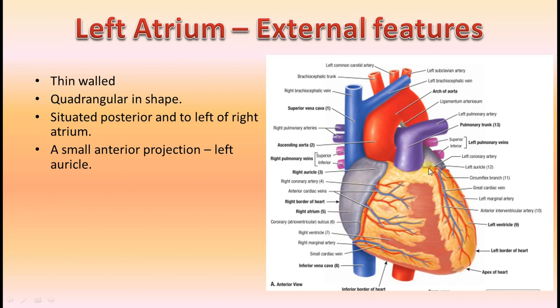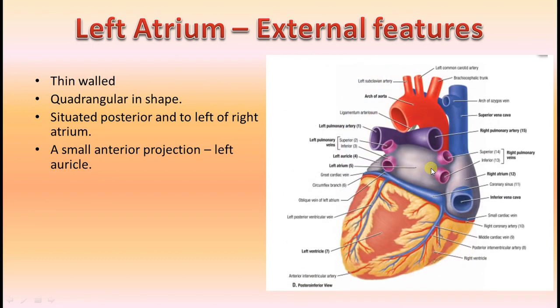It mainly contributes to two thirds of the base of the heart, and also to the left border of the heart, and the small auricle can be seen anteriorly on the sternocostal surface.